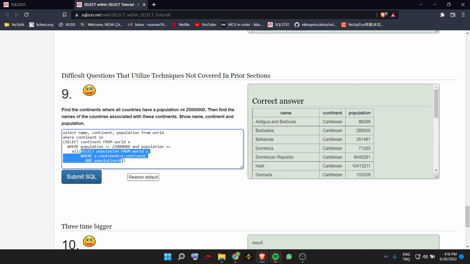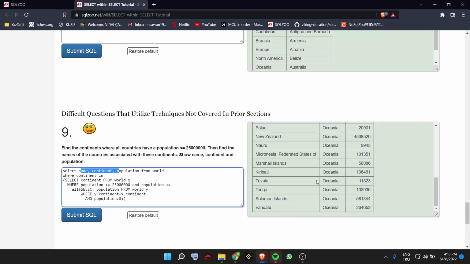First, I take the populations of the countries, and first I take the biggest population in each continent, and I looked at whether it's bigger than all of the others. I picked the population bigger than all countries in that continent and smaller than 25 million. Then I take the continent of that country. Then I listed all the countries in that continent.